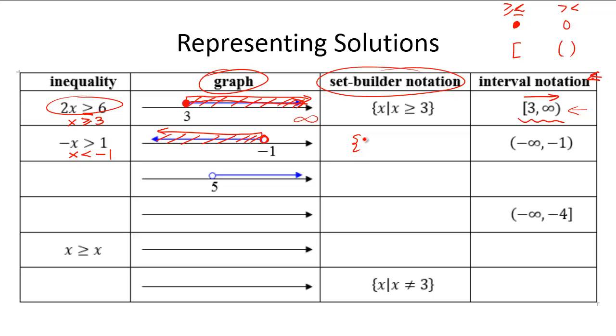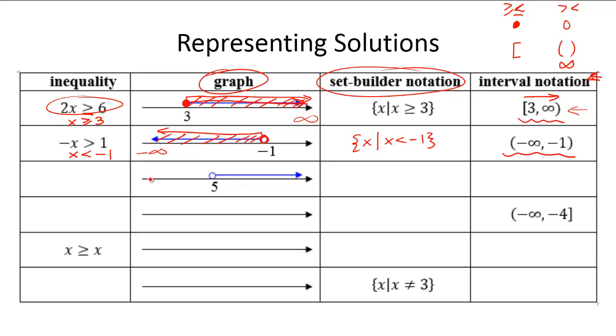So set builder notation would say x such that x is less than -1. Interval notation would say everything from -infinity all the way up to -1, not including both points. Remember, infinity is always not included because you can't have a point at infinity.